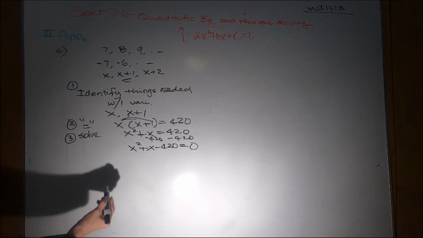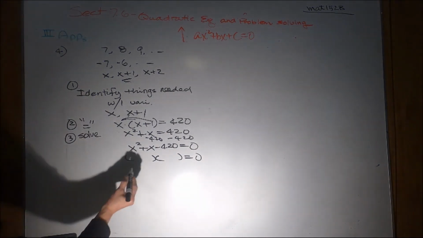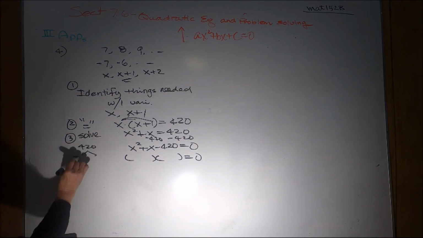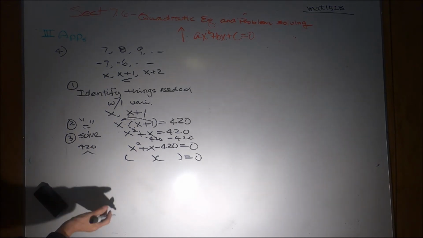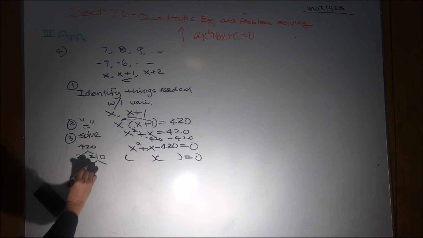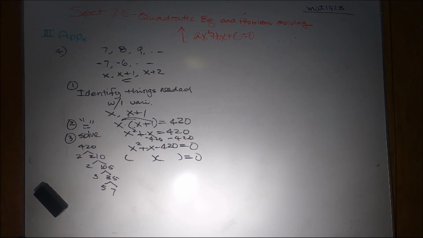How do we solve a quadratic equation? Find the two numbers. Which two numbers will work? Let's do the trees. I know I have 20. Oh yeah, I found it already. But if you don't find it, I have 2 times 210, right? 2, 105, 3, 35, 5, 7. Is that right?